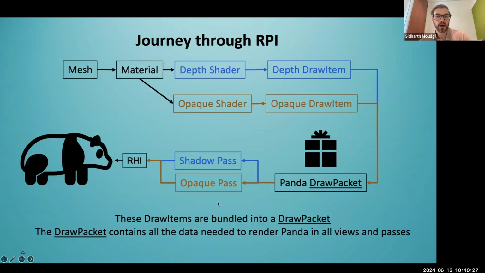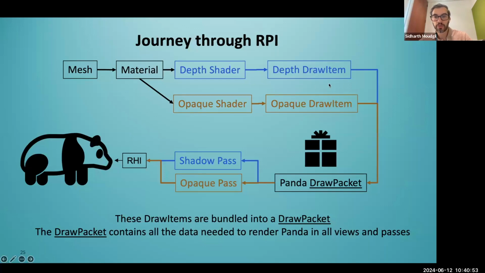So here's a quick example of how a Panda is rendered. You have your mesh. Mesh is an asset. It has a bunch of materials. Materials are also an asset. We'll go over the material system in a bit. Material tells us, hey, this mesh needs two shaders based on the material pipeline. So this is a forward pipeline. It needs a depth shader and a material shader because it has a depth pass and a forward pass.